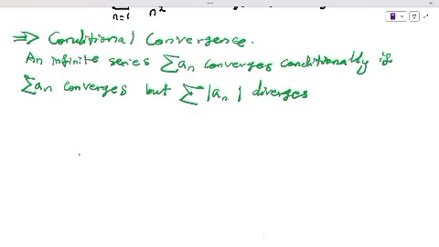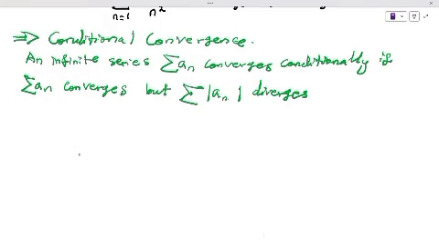There are some conditions to meet before we can make use of an alternating test. When you are given the series, the term an must be positive, decreasing, and converge to 0.